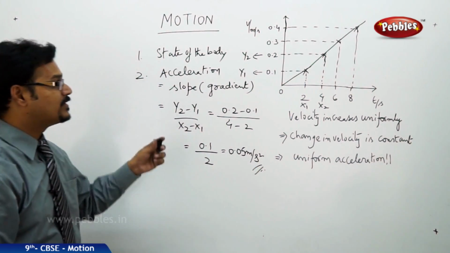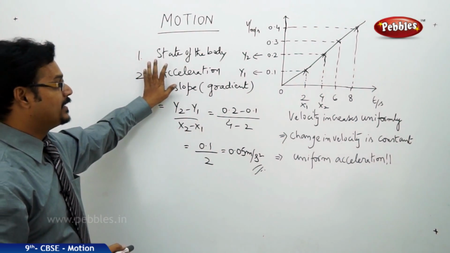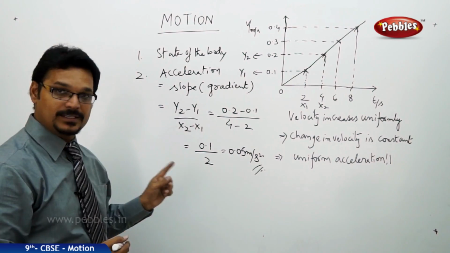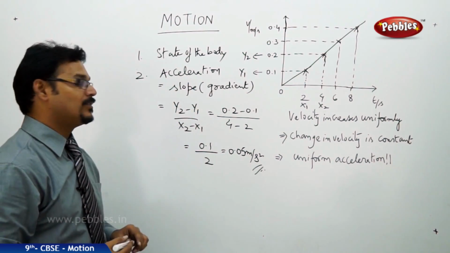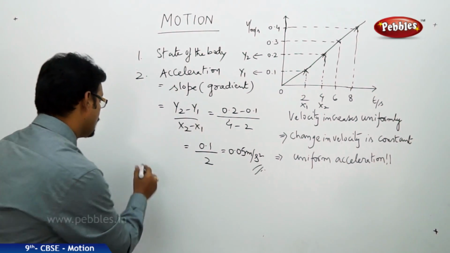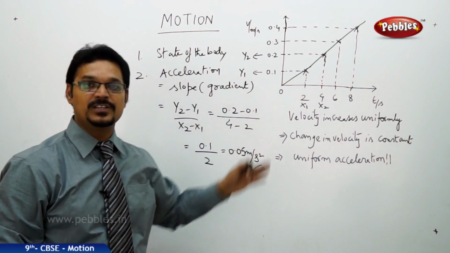See the beauty of this graph. It not only tells the state of the body, it gives the acceleration also, 0.05 meters per second square, right? So there, only the slope is possible. Now we have one more advantage. We can find the distance traveled by this body using the VT graph.